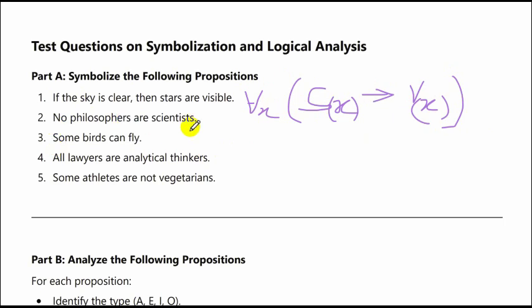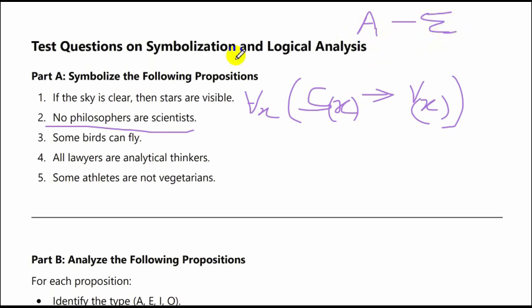No philosophers are scientists. So when we do obverse, we write this as, no goes into E, this is an E statement. This goes into an A statement in an obverse. There's a converse and then there's an obverse.